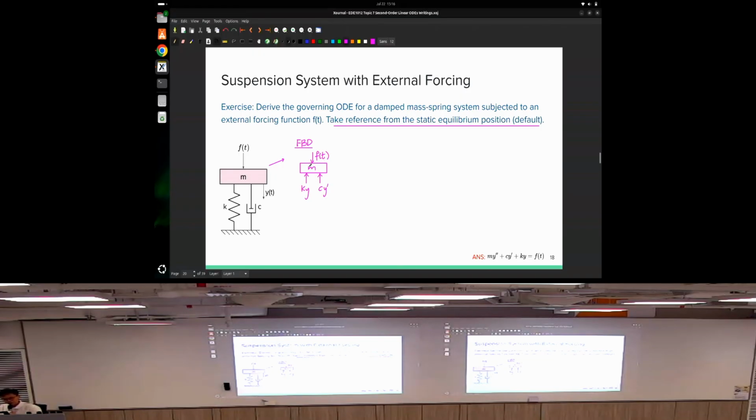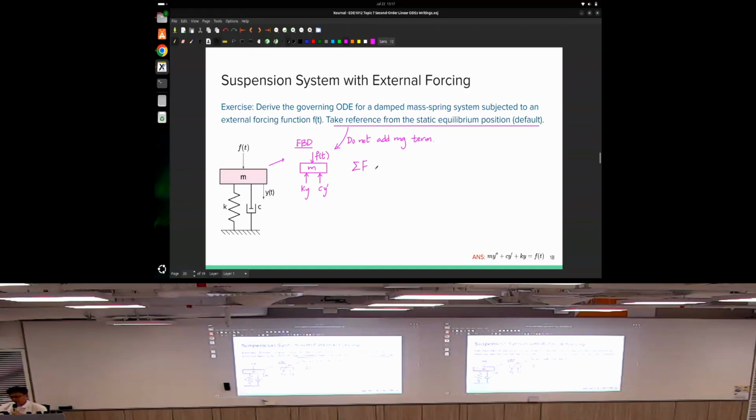Do not add the weight because the weight has been cancelled off by the compression of the spring, k z_ss, already. If they ask you to take reference from static equilibrium, it is cancelled off already. So this is the free body diagram involving the three forces only.